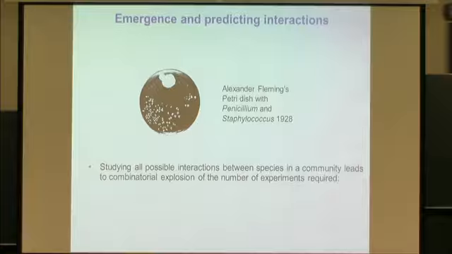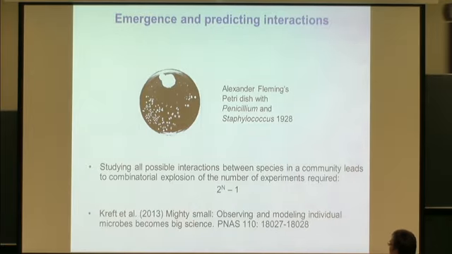You cannot possibly study all the interactions between all the organisms in the environment, there's far too many, and it leads to combinatorial explosion, where very quickly you cannot study in the lab all the possible combinations of interactions. So having a model that allows you to predict interactions based on studies in pure culture would be very useful for this.